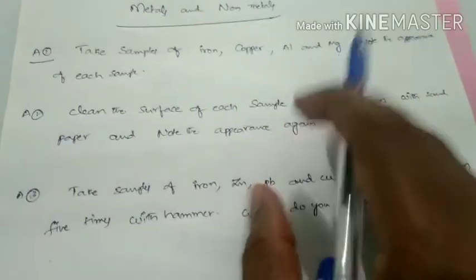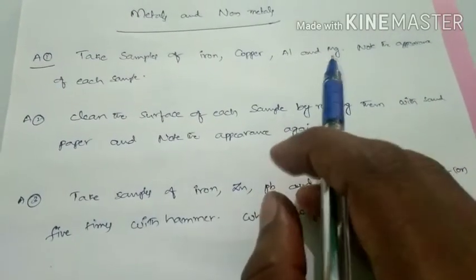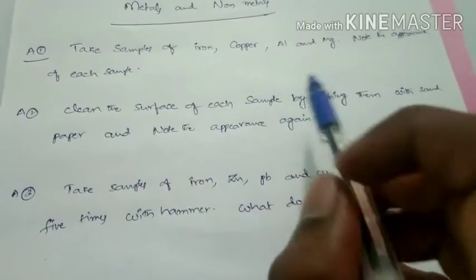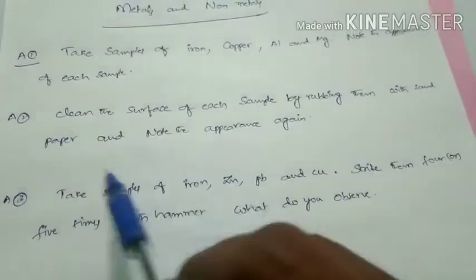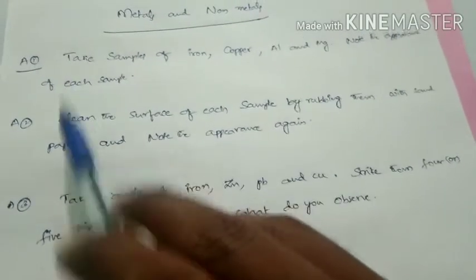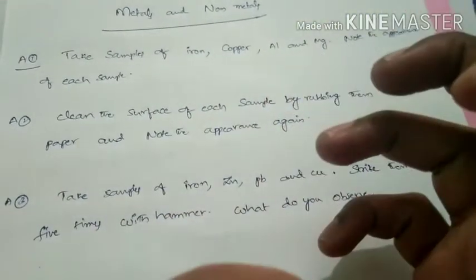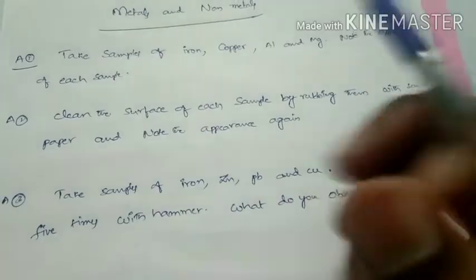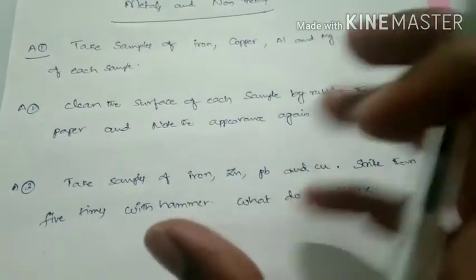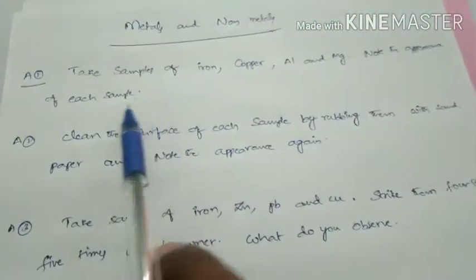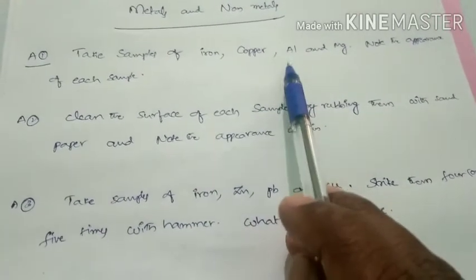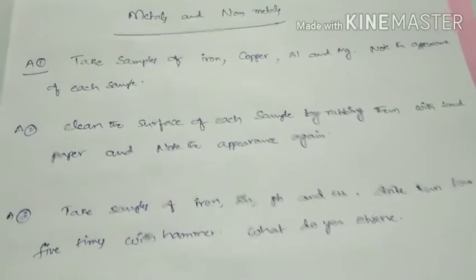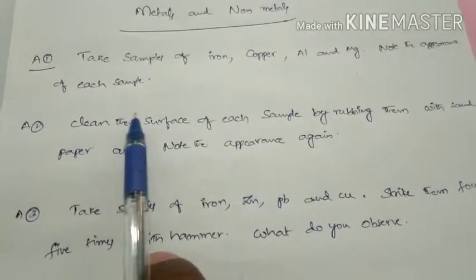So there are some points regarding that. These are activities. By using these activities we can say some points regarding metals and some points regarding non-metals. For example, take samples of iron, copper, aluminum and magnesium. Note the appearance of each sample.